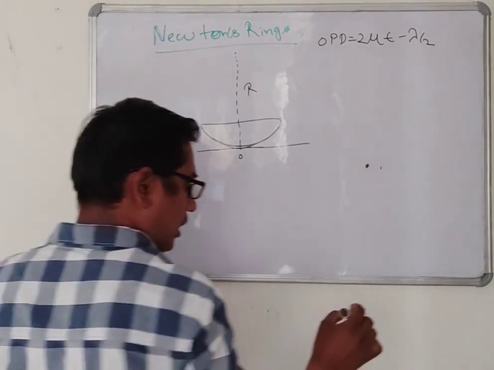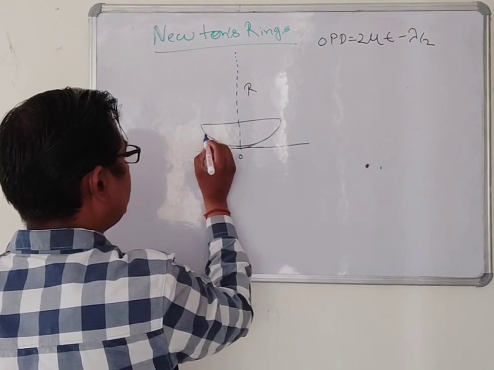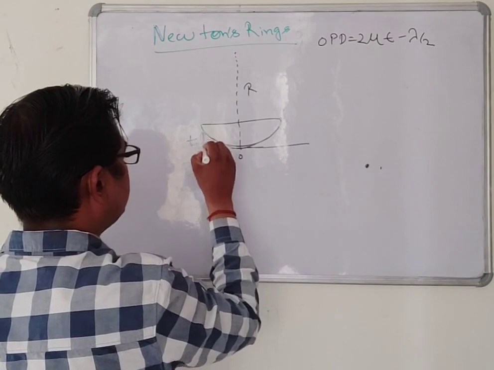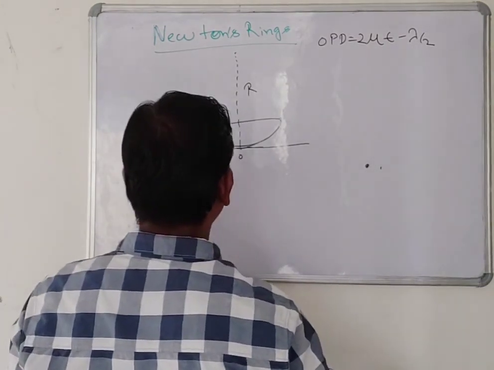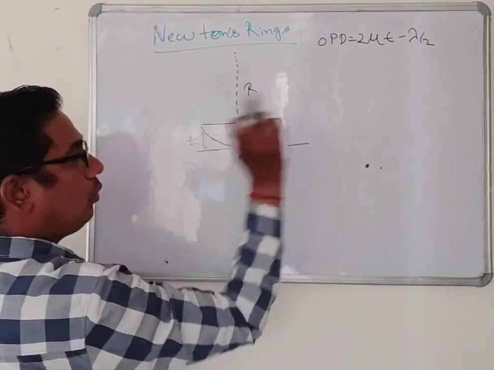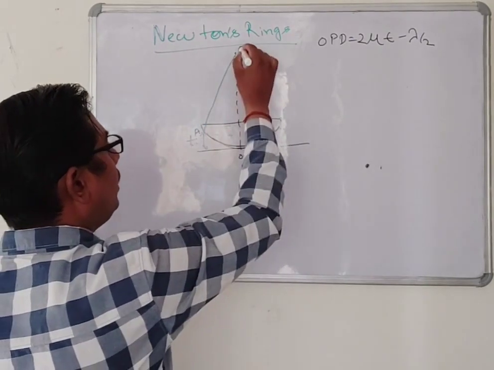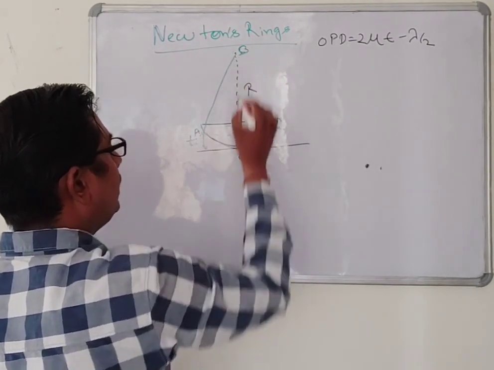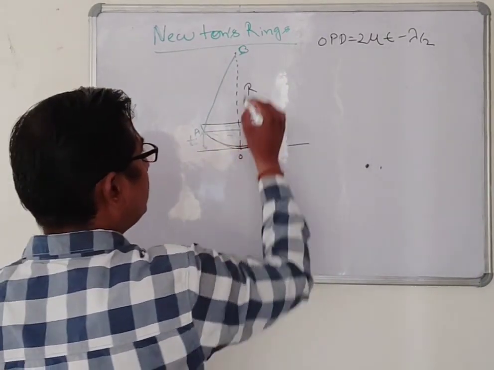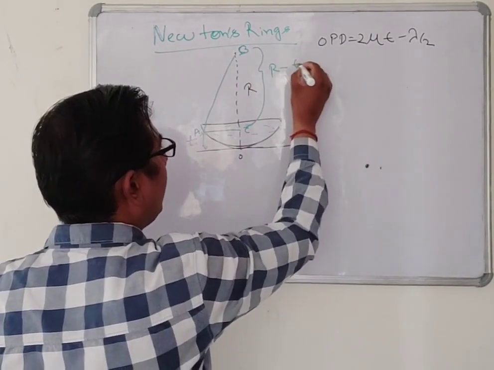Suppose T is the thickness of the air film, from here to here is small t, and because they form a circle around O, here you will draw B, and this one is C. It means that the distance BC is equal to R minus t.